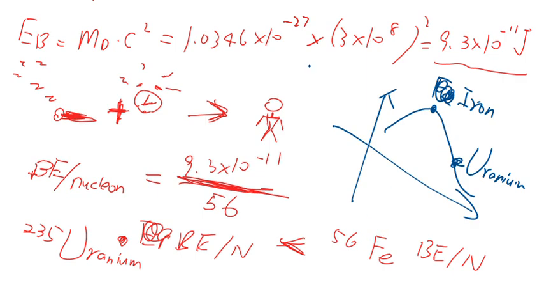Does it make sense? Because we can calculate, iron has a higher binding energy per nucleon, and uranium has a lower binding energy per nucleon than that of iron. Make sense?